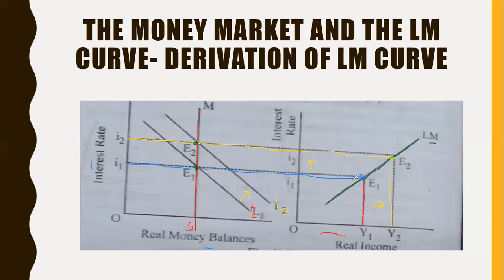Okay, corresponding points are shown in panel B. So we join these two, E1 and E2, and we derive LM curve. Okay, so this is derivation of LM curve. Now you will see continuation is along vertical axis, and so title of vertical axis same है, interest rate.